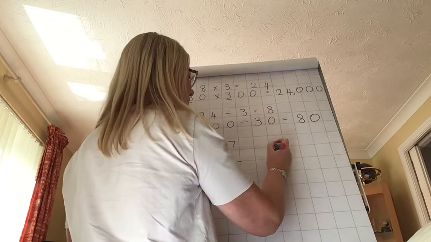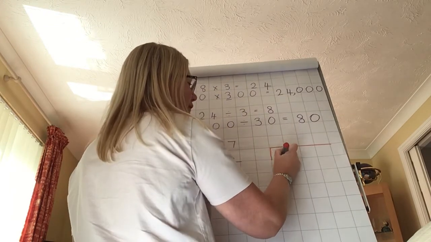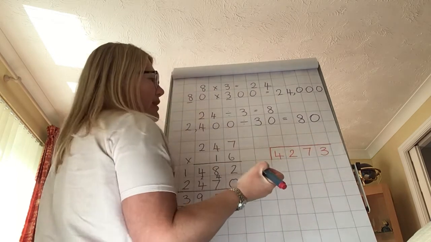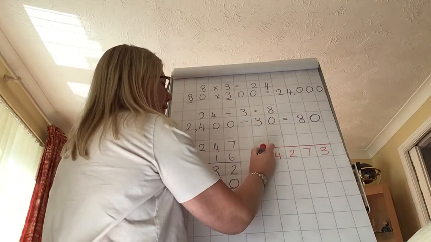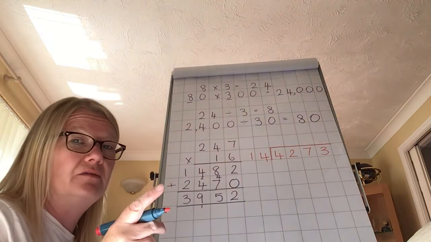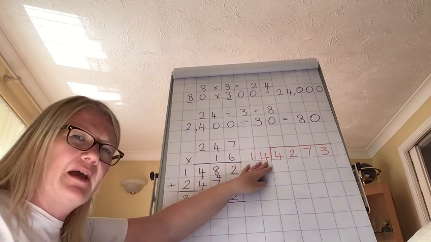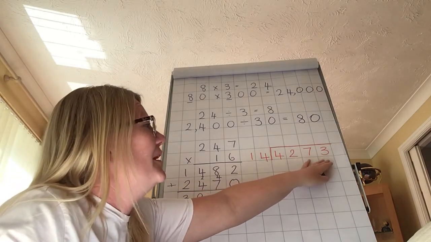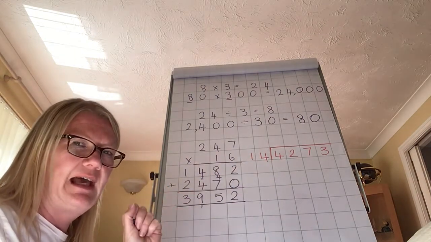What about if I have got 4,273 and I'm going to divide it by 14. First of all, I can see that I'm going to have a remainder. Why am I going to have a remainder? Because that's an odd number and that's an even number. So I know something straight away to look out for.